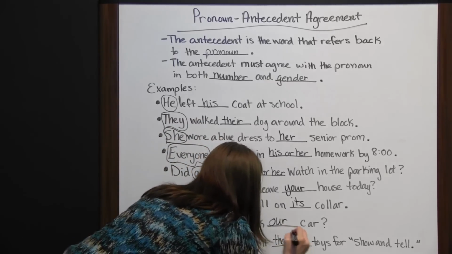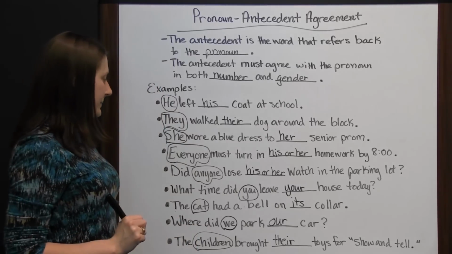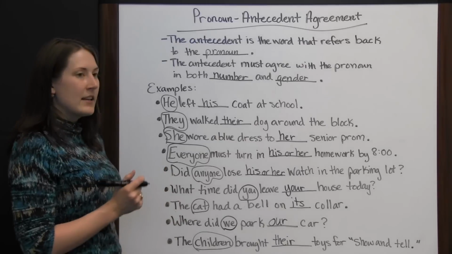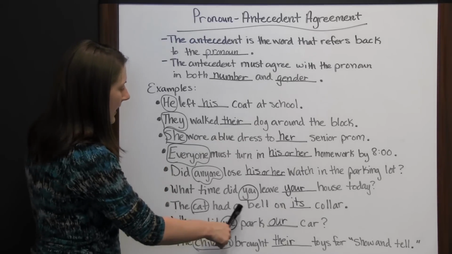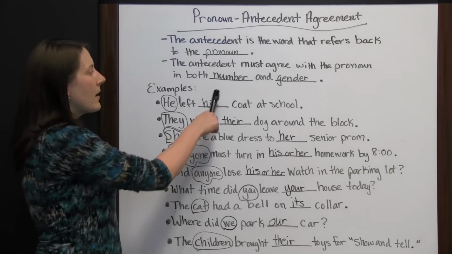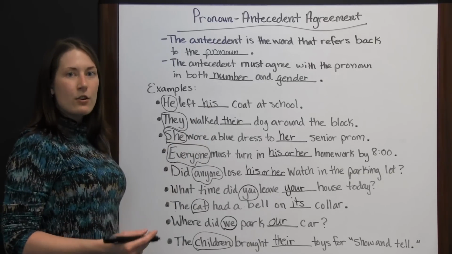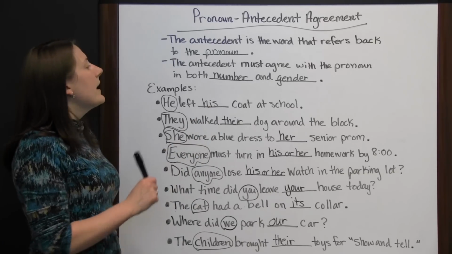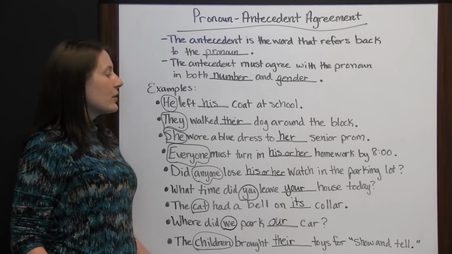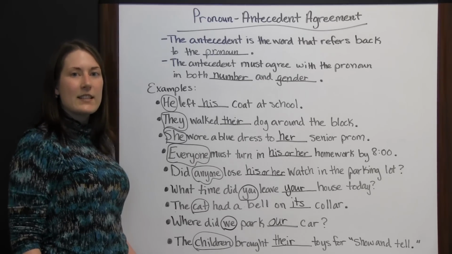The children brought their toys for show and tell. So whenever you're looking at pronoun antecedent agreement or even noun antecedent agreement, make sure you're paying attention to the number, whether it is a singular or plural pronoun, and the gender, is it feminine or masculine, so that you can make sure to choose the correct antecedent to fit the sentence correctly.